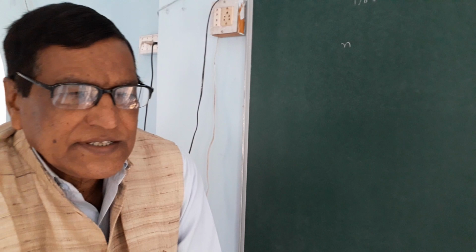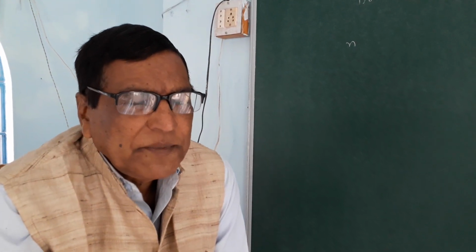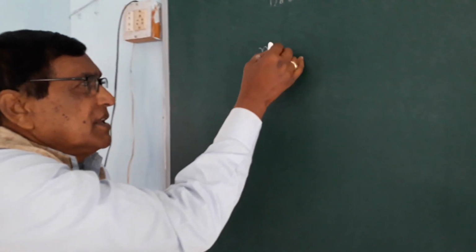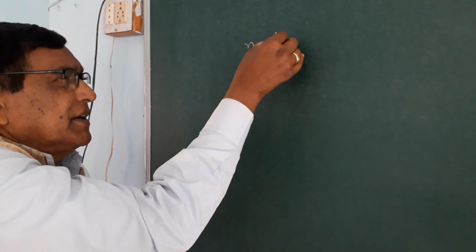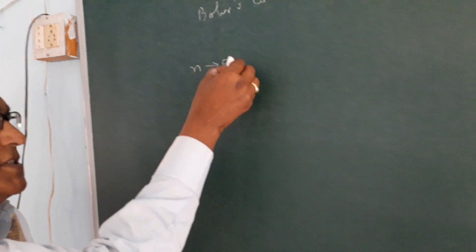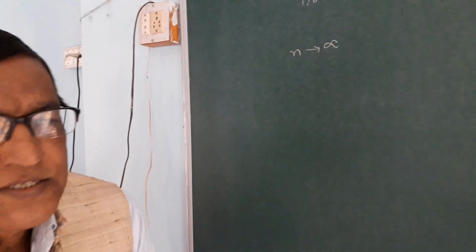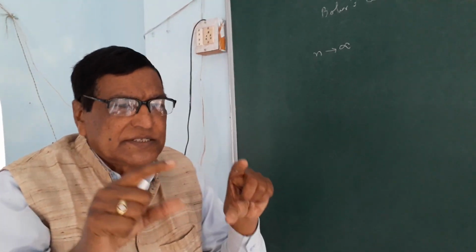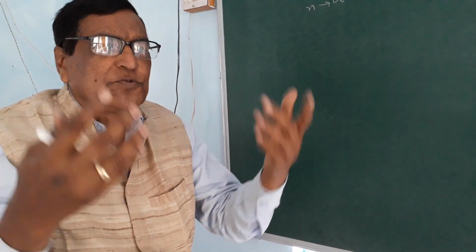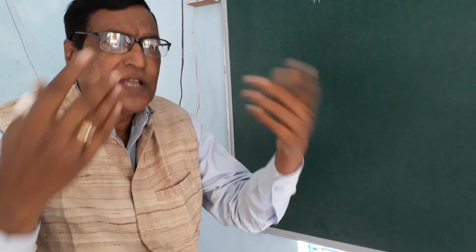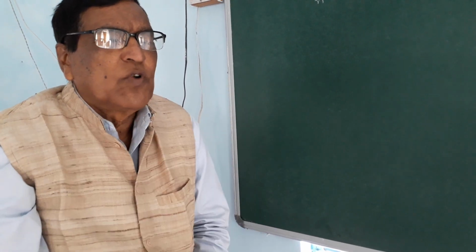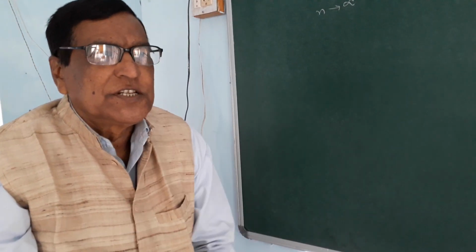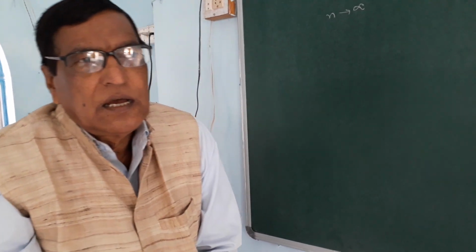In that case, the quantum result and classical result merge together when n tends to infinity, meaning very high. And this is the correspondence principle. One corresponds to the other when the quantum number describing the system is very large, tending to infinity.